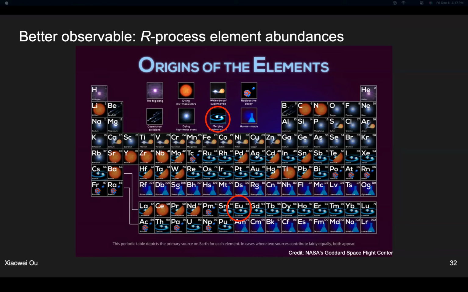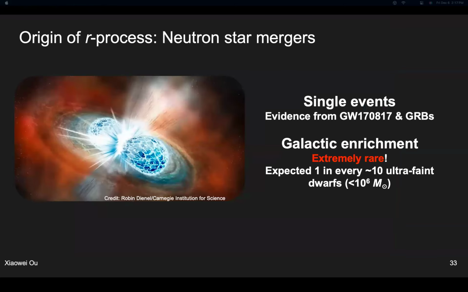That's no longer just theory. Now we have the observation of GW170817 as a neutron star merger, and with all the multi-wavelength EM follow-ups, we now know that these events are indeed capable of producing copious amounts of europium. And what's more important is that given their rate, and how we can constrain it with GRB events, we know that they're extremely rare.